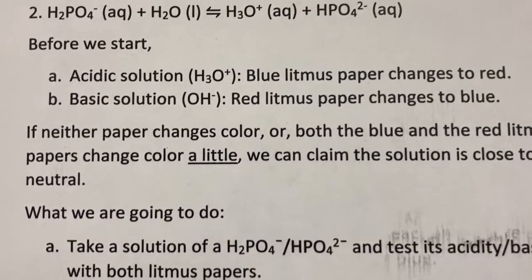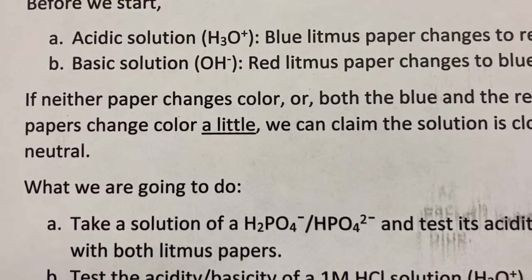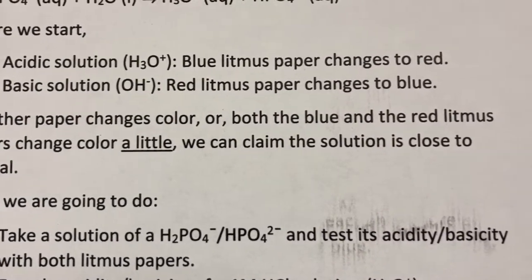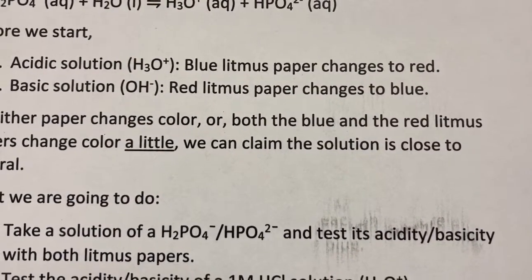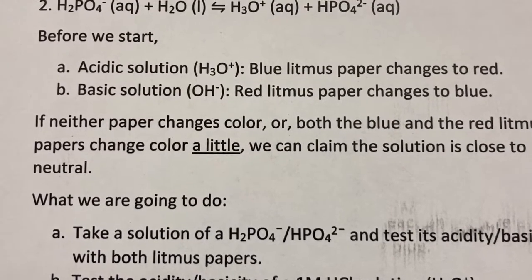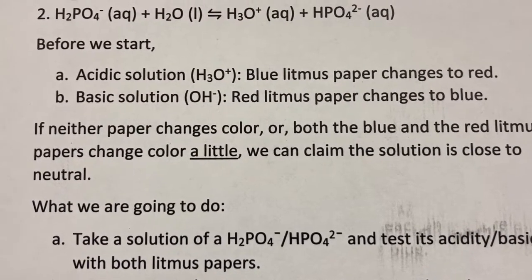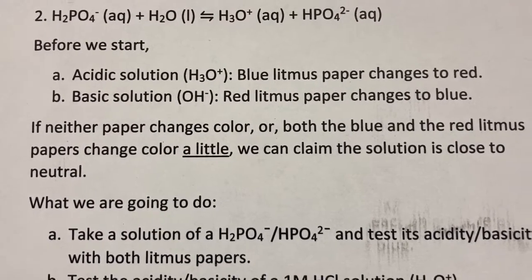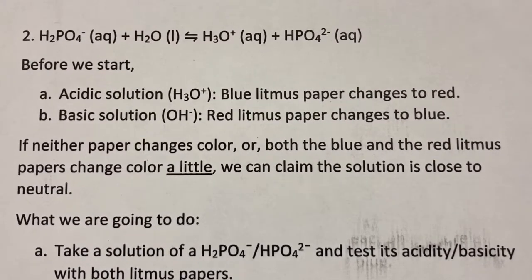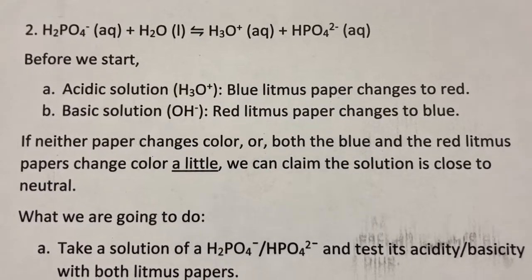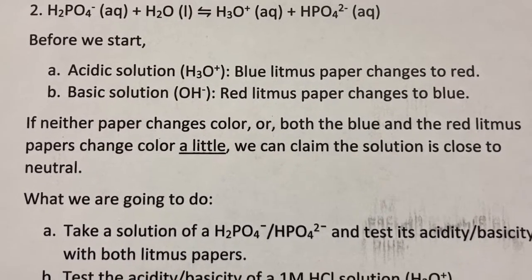Well, sometimes there will be solutions where neither paper will change color, or both papers, both the red one and the blue one, may change a little bit, but not as significantly as what you will see for an acidic or basic solution. Then we claim this kind of solution is close to neutral. In this lab, we'll just say it is neutral.